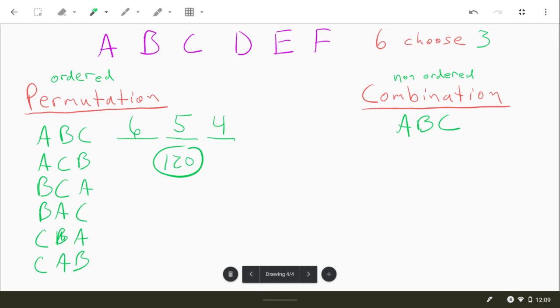I don't care who goes where, and I'm just a bad manager, and I just want to fill the positions. All right. So if I have 3 chosen candidates, this is good enough for me. But this doesn't tell me how many possible combinations there are. So I could have ABC, but I also could have ABD. I could have AEF.